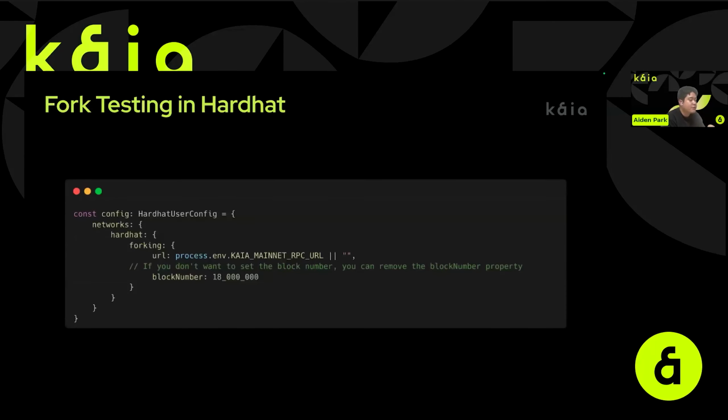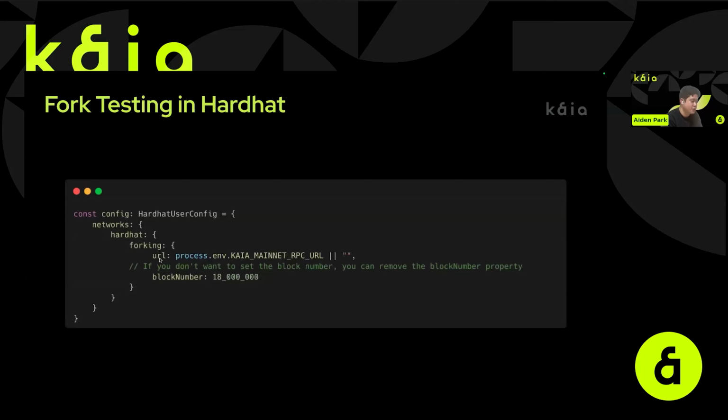So for fork testing, as I already explained what fork testing is and why it matters, to do fork testing in Hardhat, again in the hardhat.config.ts file, you can add this forking object here.